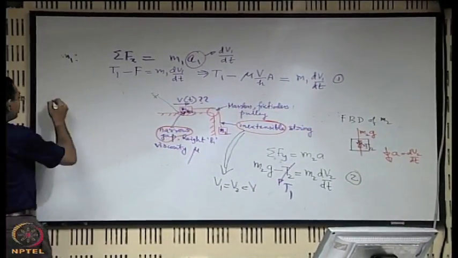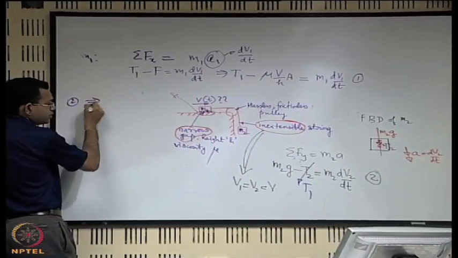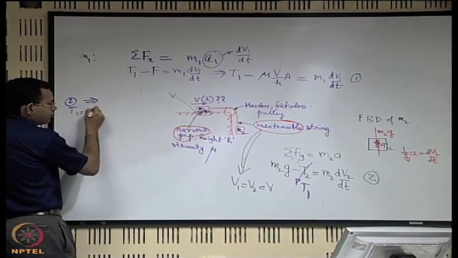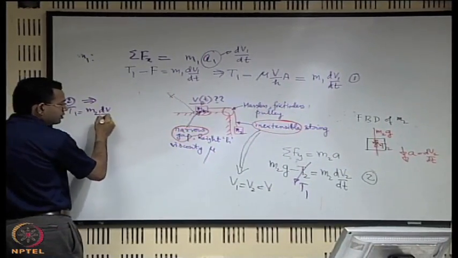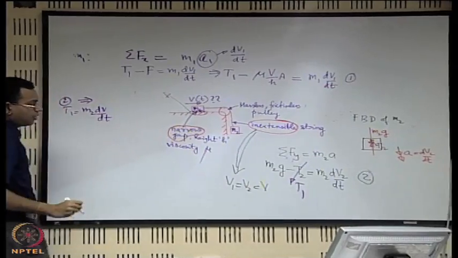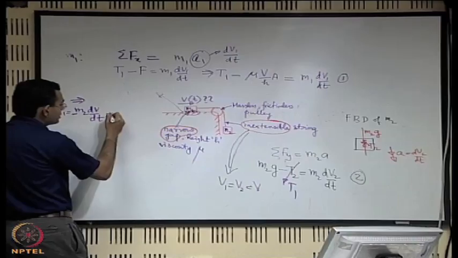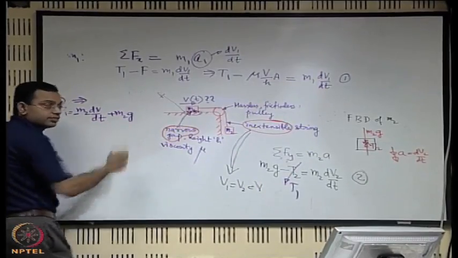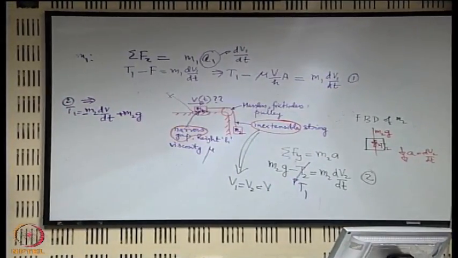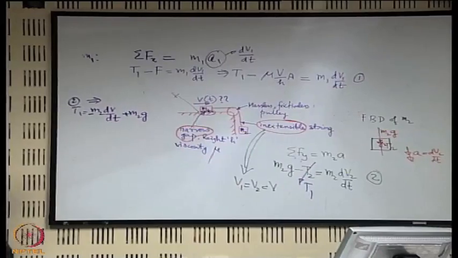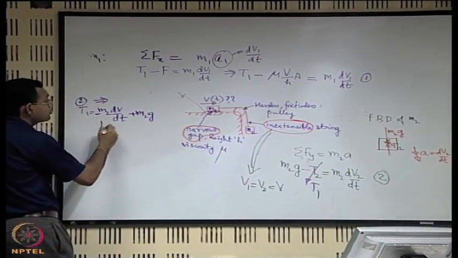So from 2 we get T1 is minus M2 dV/dt plus M2g, and that we substitute in 1.